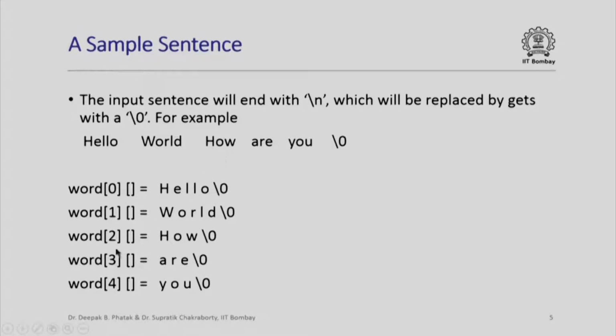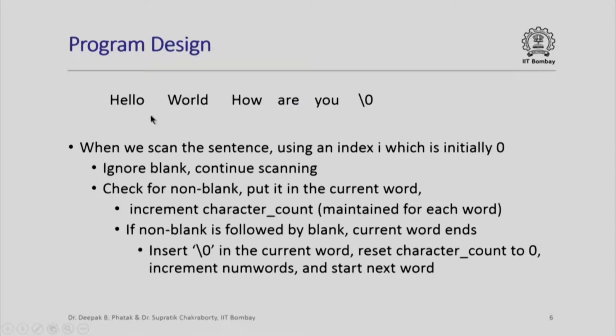How will be kept in the second row, are will be kept in the third row, you will be kept in the fourth row. So, the 0th, first, second, third and fourth rows will be used because there are exactly 5 words. At the end, we will come out of the iteration and we should print all the words that we have discovered so far. This gives you some details about how we design the program.